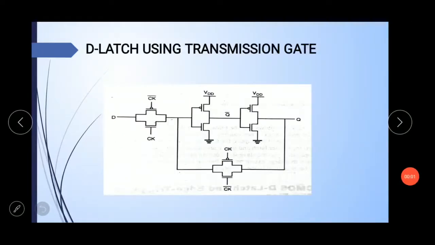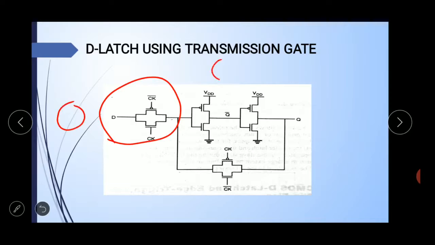So D latch using transmission gate. When we use a transmission gate for D latch operation, first let's take this part only. So when we give 0 here and take clock as 1, then at the output we get 0 as per the principle of transmission gate.